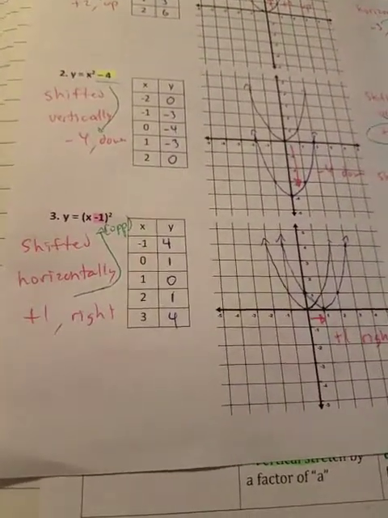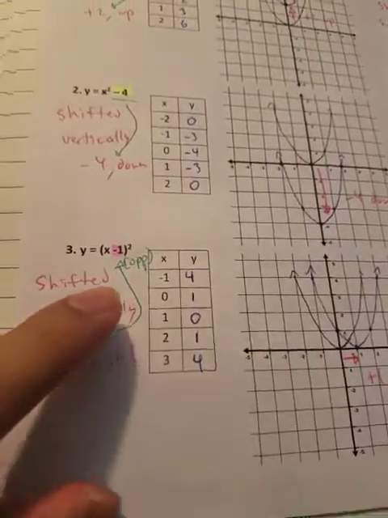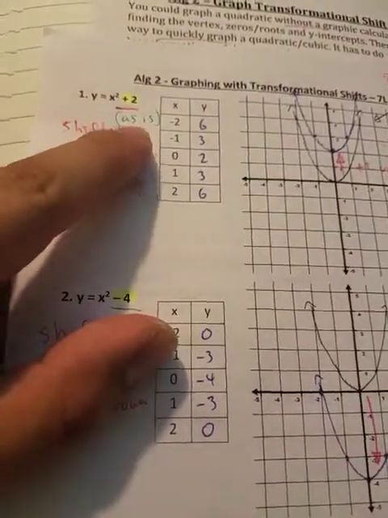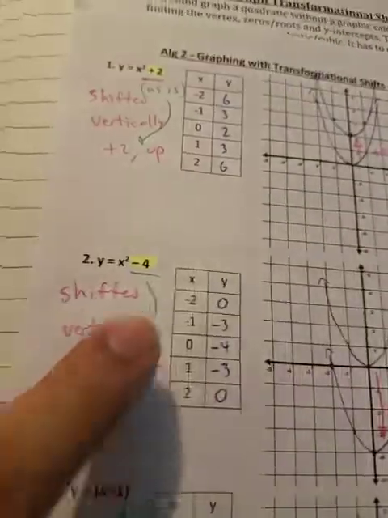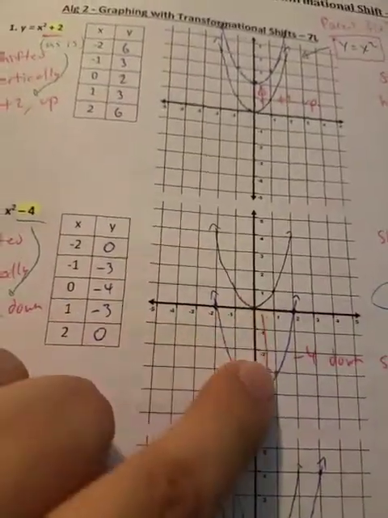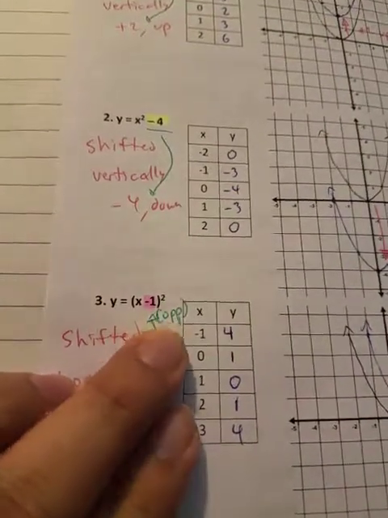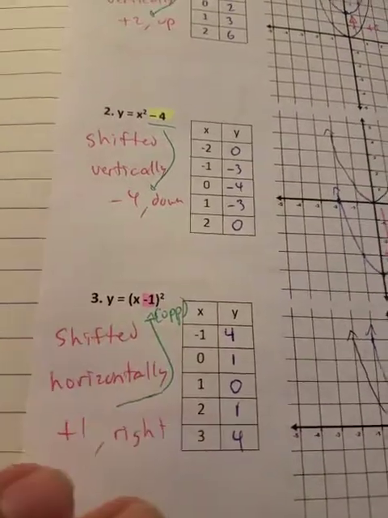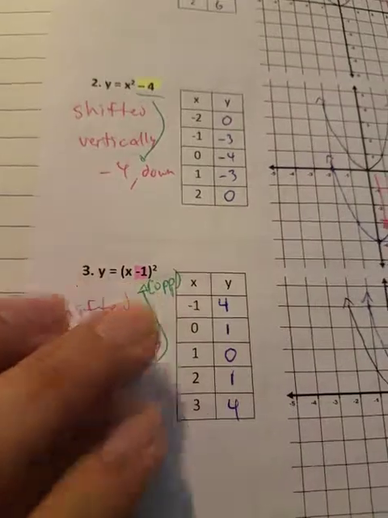So for this one is something called shifted horizontally. Now, what you've got to understand here, first things first, this is as it is. So you're going to say plus 2, it goes up 2. Minus 4, it goes down 4. Okay. This one is opposite. So you've got to read it. This is just affecting the x and it's inside. So horizontal shift, opposite.